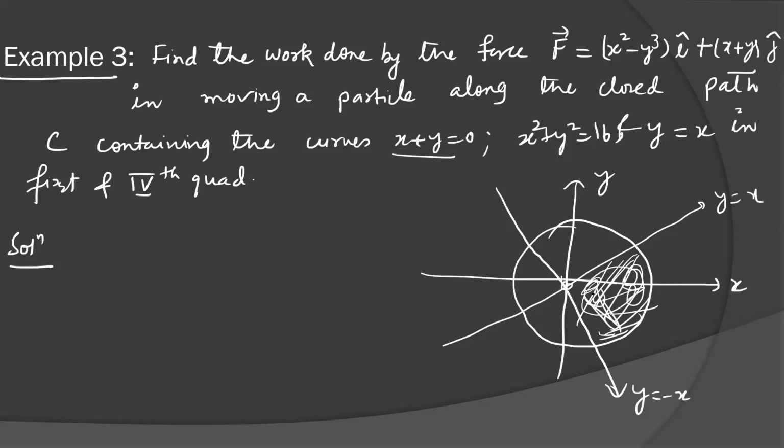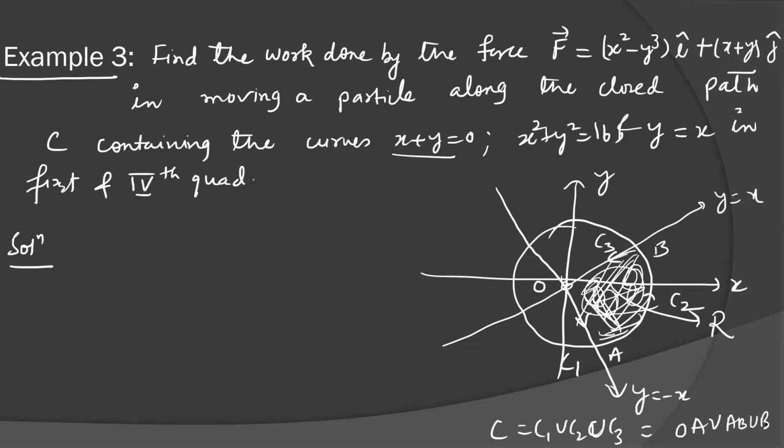So this is your R region, and the three curves are here: C1 along the circle, C2 along this straight line, and when you are returning, C3. O, A, B, and again we come to O. So C is nothing else but C1 union C2 union C3, or OA union AB union BO. You are starting from O and coming back to O, so the curve is closed here.